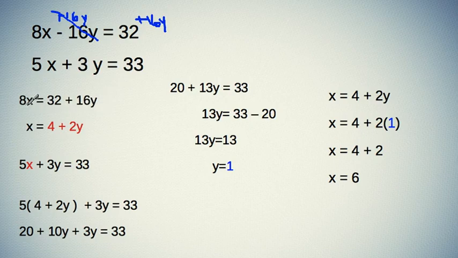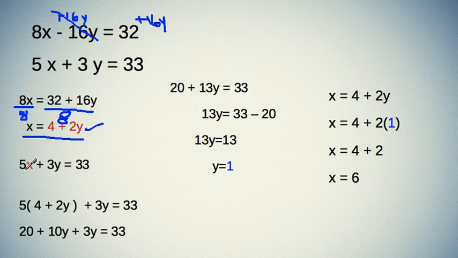Then I still have that 8 multiplying the x, and I don't want it there. So I'm going to divide this by 8, and then I'm going to divide all of this also by 8. Okay, so 32 divided by 8 gives us 4, and then 16 divided by 8 gives us 2.